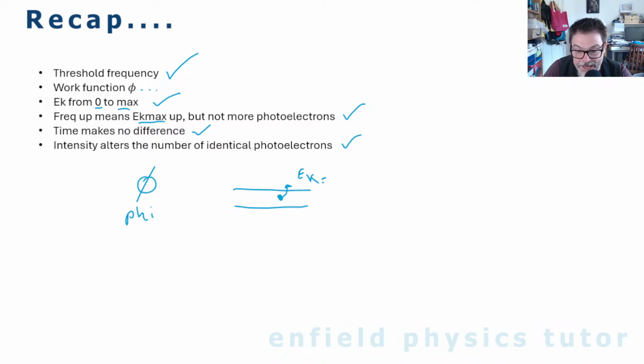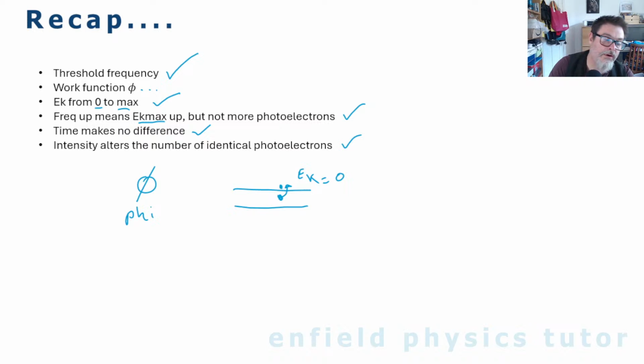But if we set that kinetic energy to 0, in other words our electron just goes pop and sits outside the surface like this, then the amount of energy we needed to get that electron to escape is the work function. It's the minimum energy needed for an electron to escape.